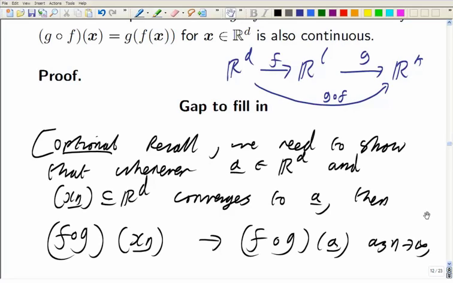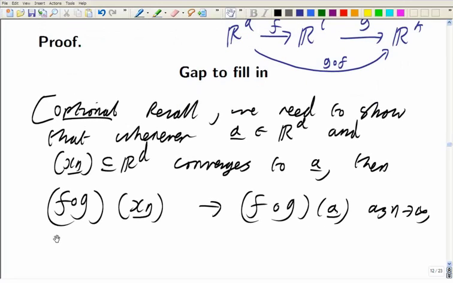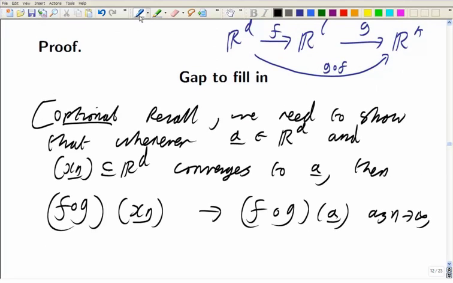In other words, we need g of f of x_n, because that's what the composite function does. Oh, sorry, I've got f composed with g and g composed with f the wrong way around. Silly me.